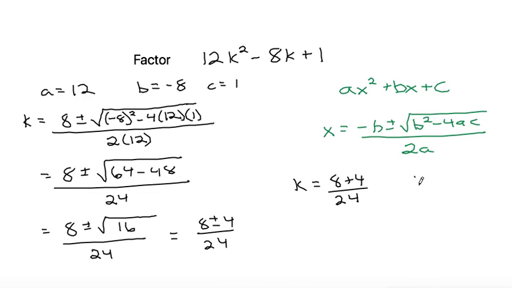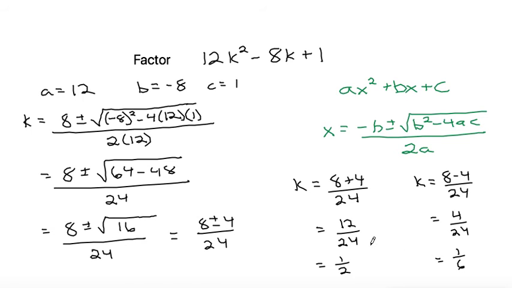And then we have a second solution using the minus option, k is equal to 8 minus 4 over 24. So simplifying, 8 plus 4 is 12, so it's 12 over 24, which divides down to 1 over 2. And a second solution would be 8 minus 4, which is 4 divided by 24, which makes 1 over 6.